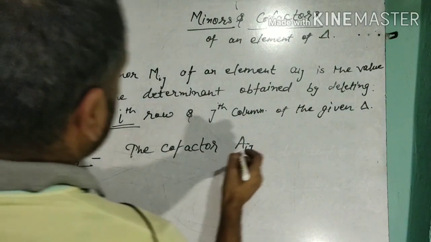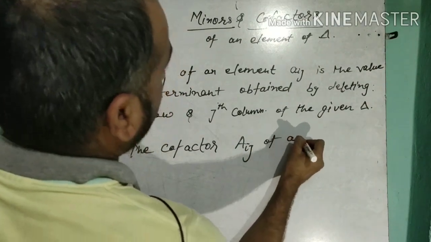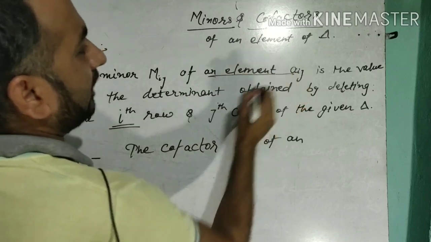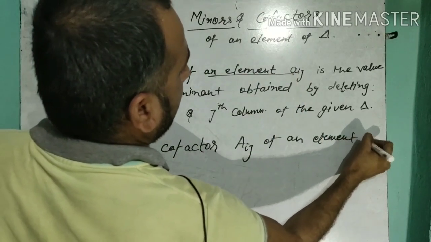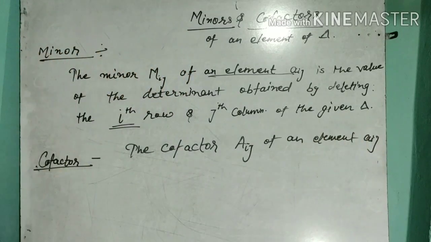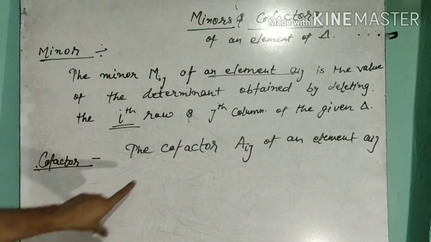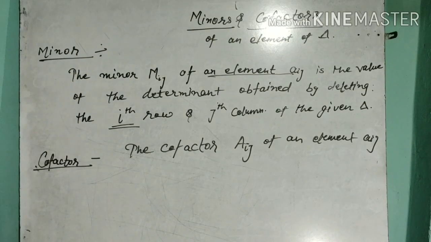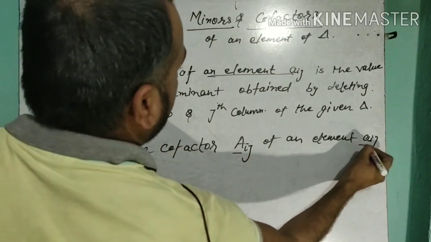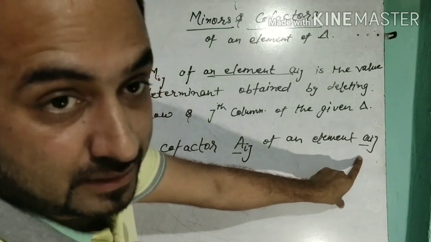The cofactor Aij of an element aij. Is it clear to you? The cofactor Aij of an element aij, it's a capital A and here is a small a. It is an element of the determinant.